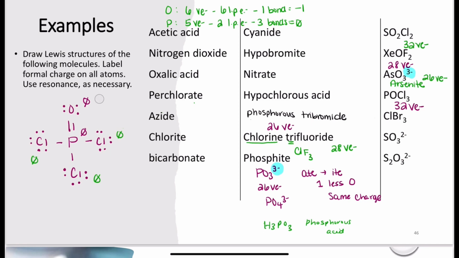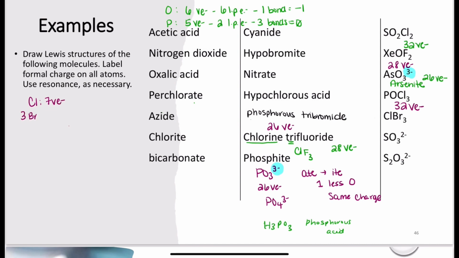Just a couple more to go. ClBr3: Cl, 7 valence electrons, 3 Br, 3 times 7 valence electrons, so 4 times 7 is 28 valence electrons.